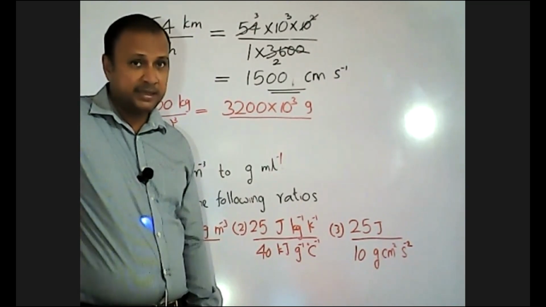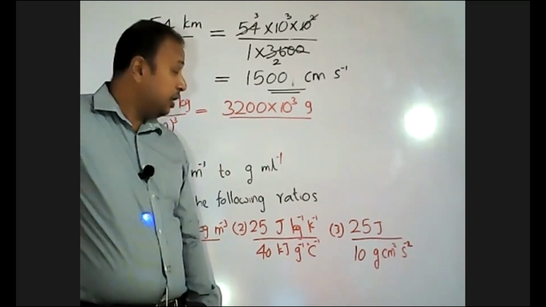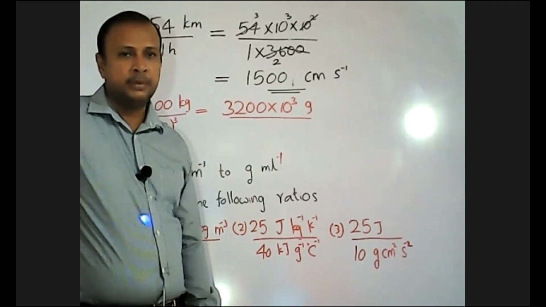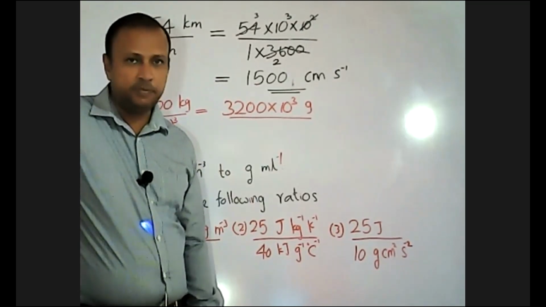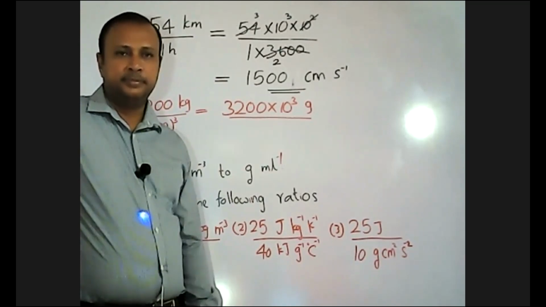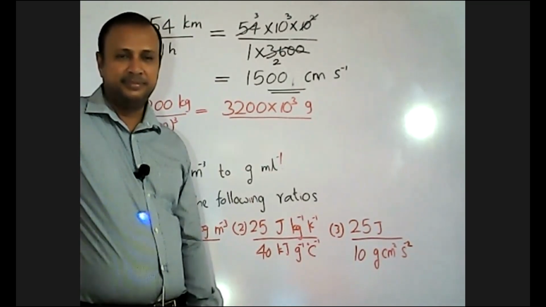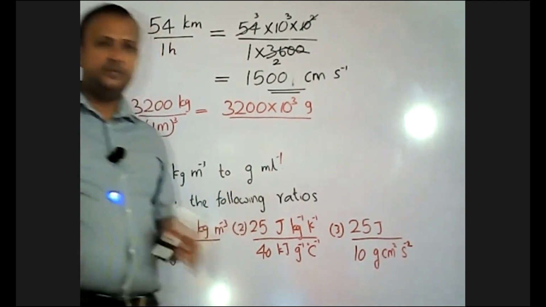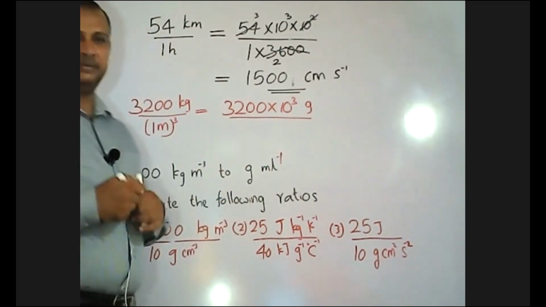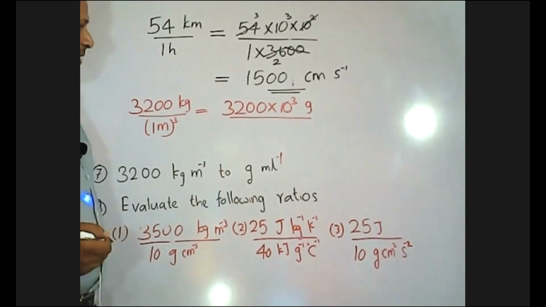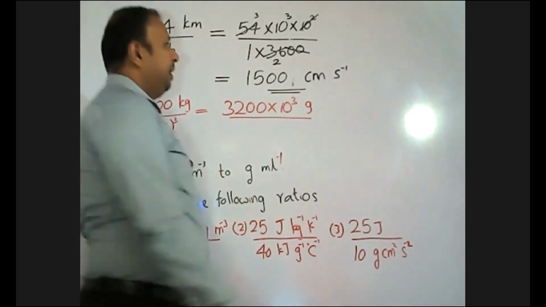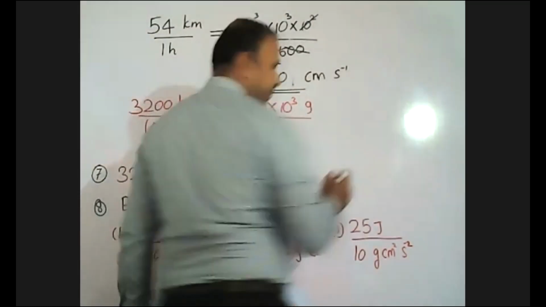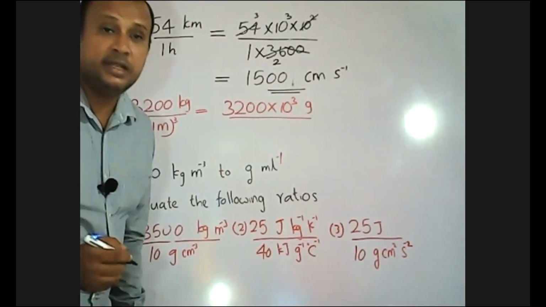Can anyone give me the answer? Last time I have given that note: 1 cubic centimeter equals 1 milliliter.